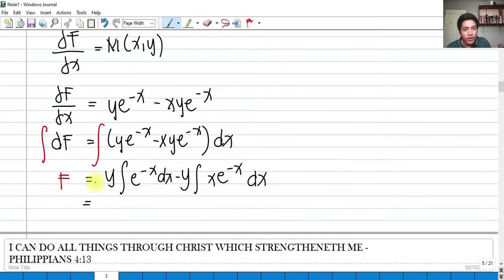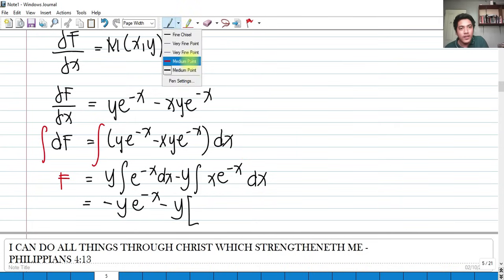That's right. So if we're going to integrate this, what will happen to this? This would become negative y, because of the negative here, e raised to negative x, minus y times the integral of this. Take note that the integral of x multiplied by e raised to negative x is IBP, integration by parts.